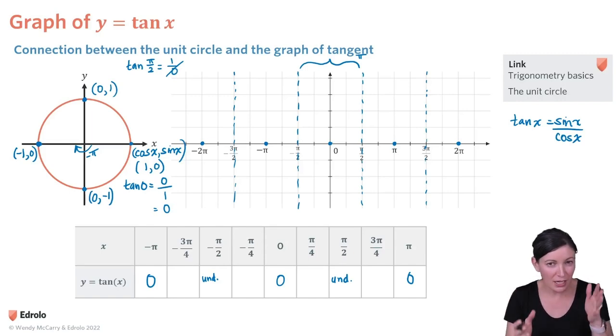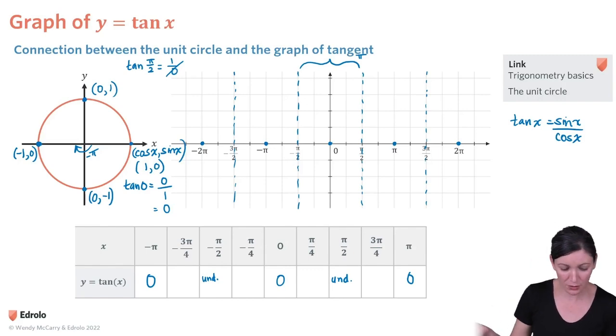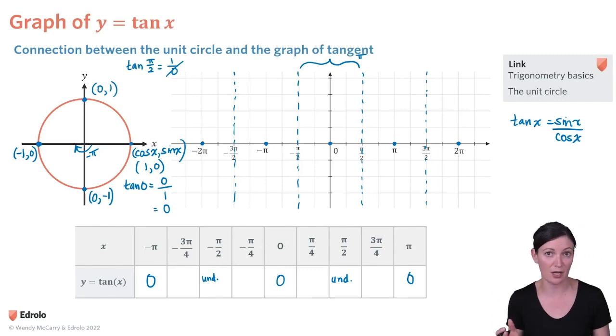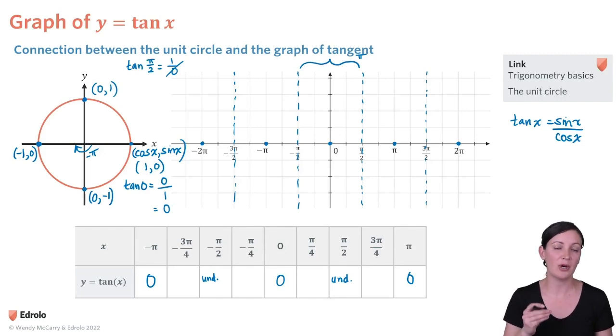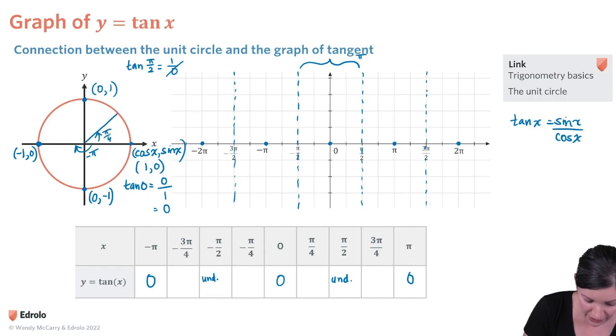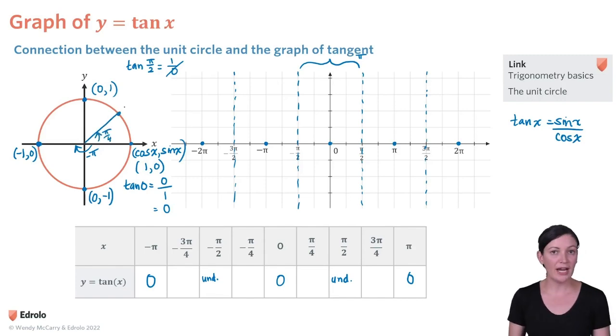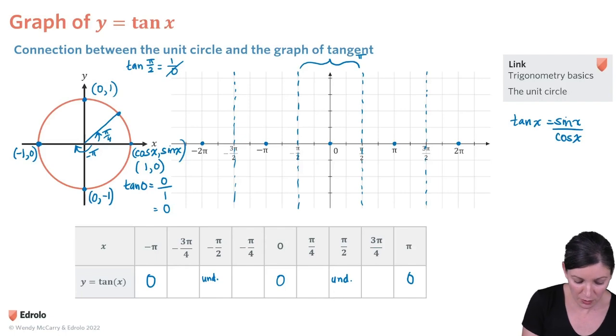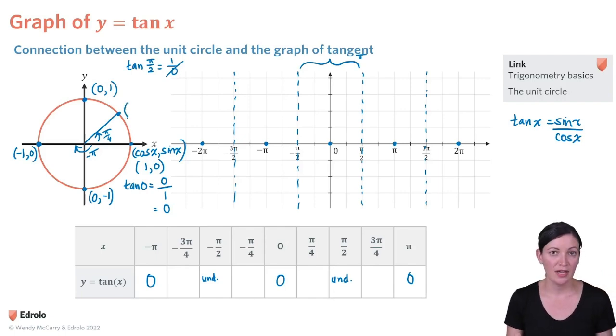But what's happening in between these asymptotes is really hard to tell with just the points that I've given you so far. So let's take a look at some of the angles in between 0 and pi on 2, and pi and so on. If I take this angle here, that's our pi on 4. At that point, we should remember from our exact values that sine and cos are the same.